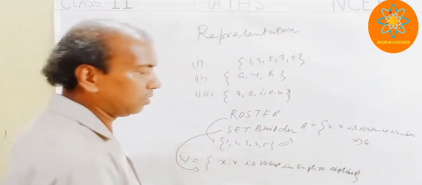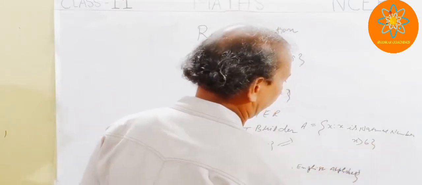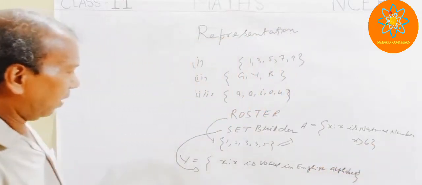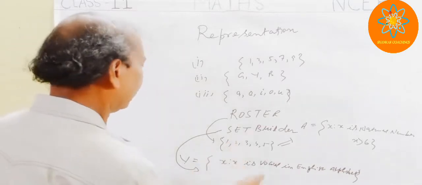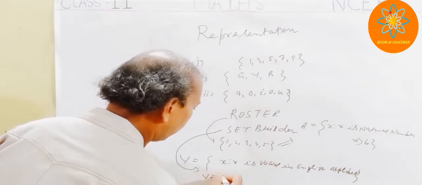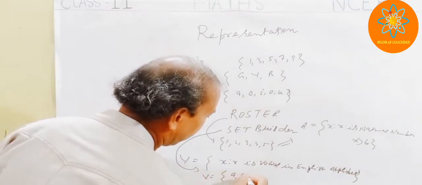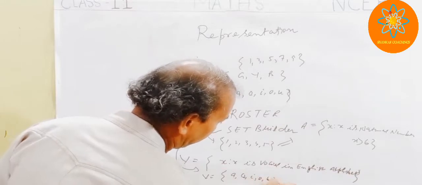So I can write this roster form into set builder form in this way. And suppose this is a set builder form, I can change it into the roster form. How? So the vowel set V is equal to A, E, I, O and U.